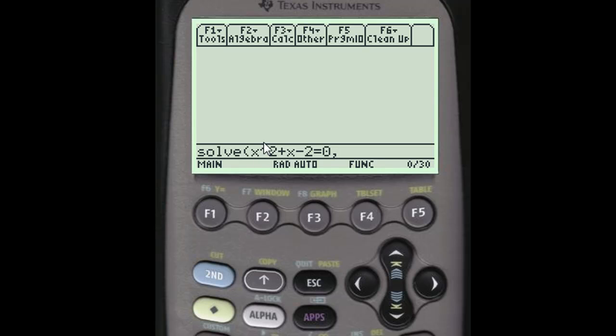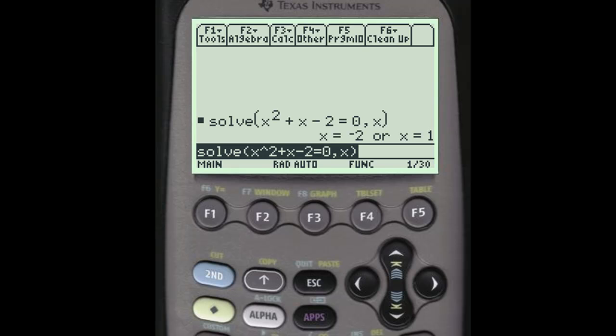So in this case, x is what we're solving for, so I'll press x, close parenthesis, and when you hit enter, it will give you all of the solutions to that particular equation. Since this is a quadratic, we have two solutions, and the calculator tells us correctly that they are -2 and 1 respectively.